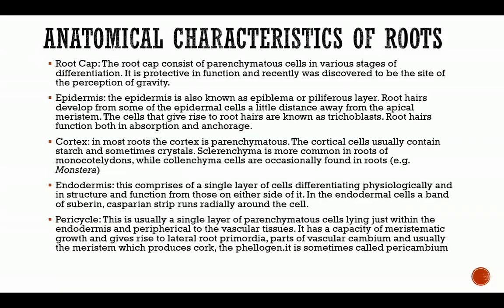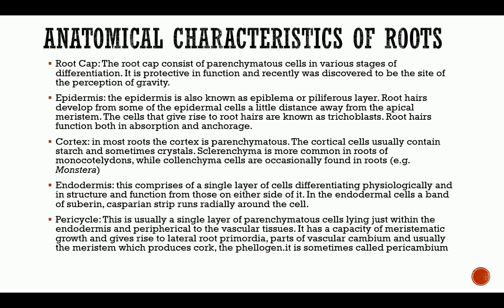We also have the pericycle. This is usually a single layer of parenchymatous cells lying just within the endodermis and peripheral to the vascular tissues. It has a capacity of meristematic growth and gives rise to lateral root primordia. Now, those lateral roots that form from the primary roots are due to the pericycle.